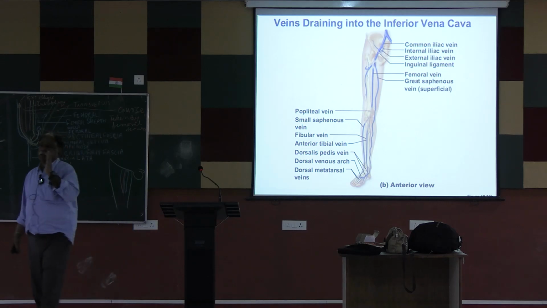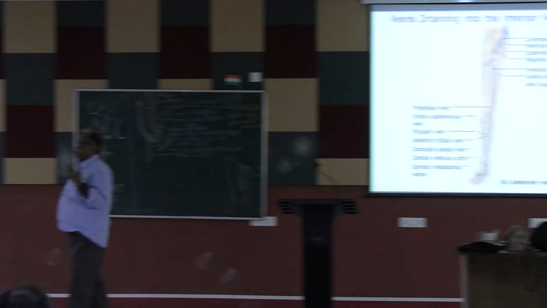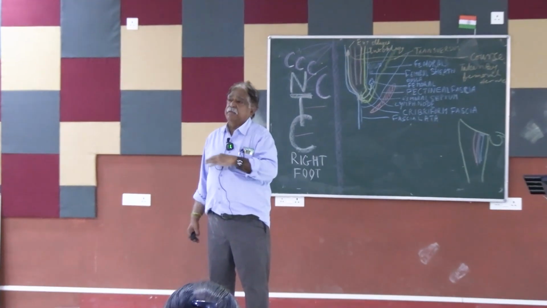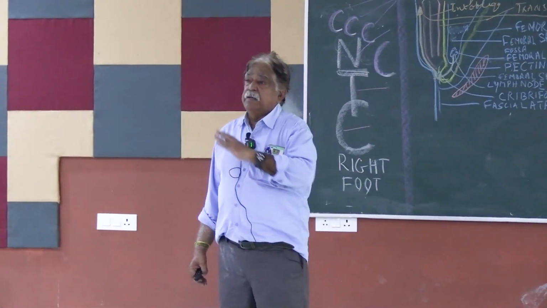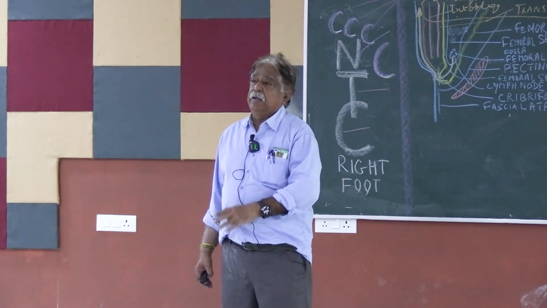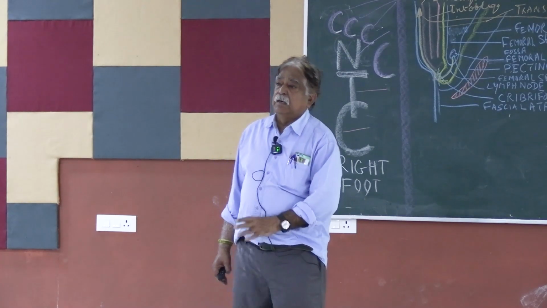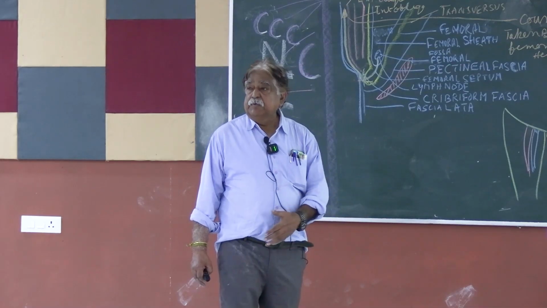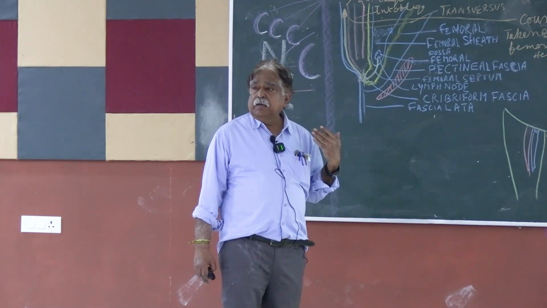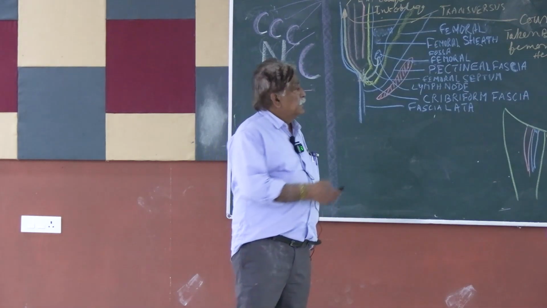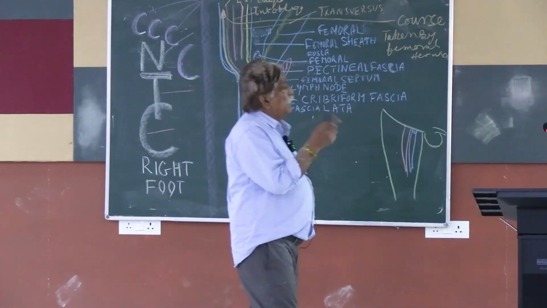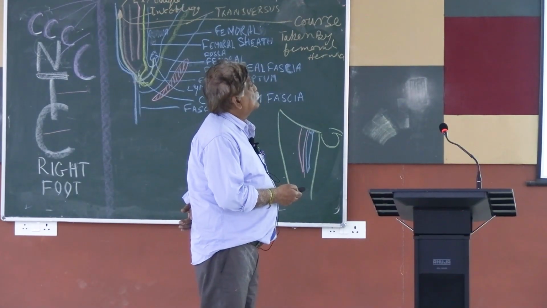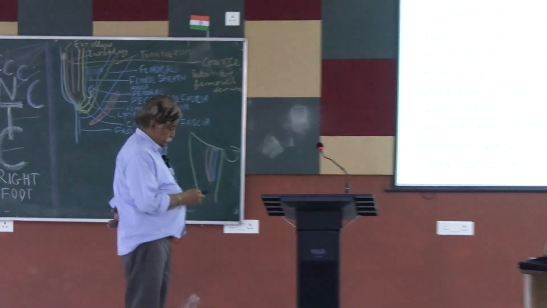And the main basic concept of the blood supply: your artery will supply oxygenated blood, and the vein will carry the drainage to the heart.